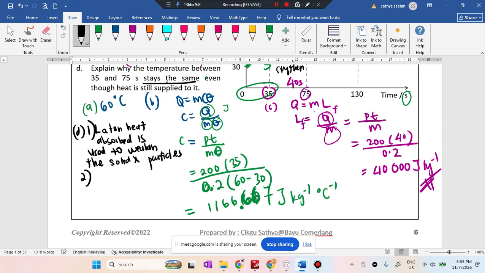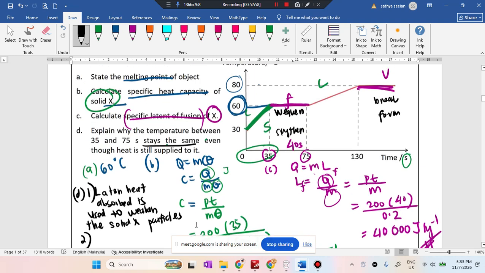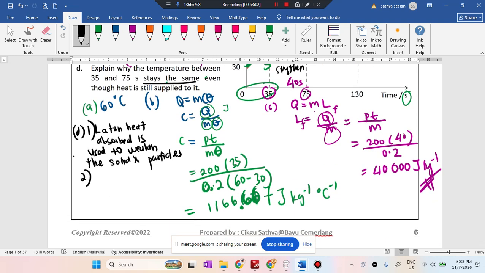So, next, you kena bagi tahu, of course, your kinetic energy and also the temperature lah. So, the kinetic energy of particles of solid X constant.